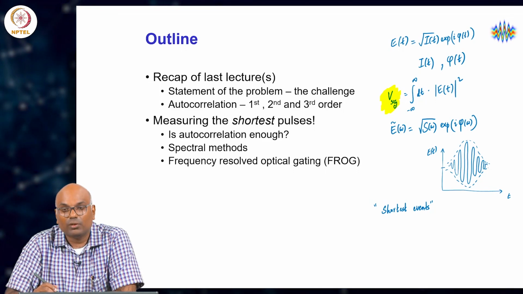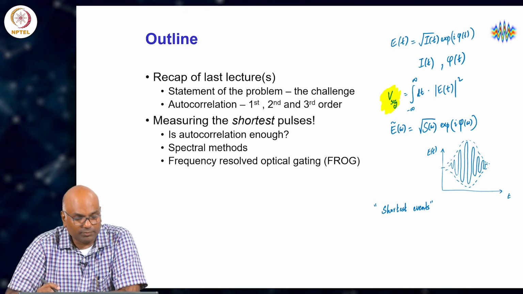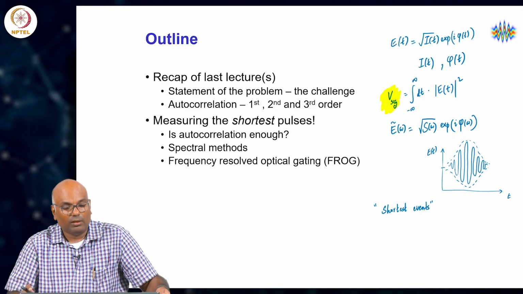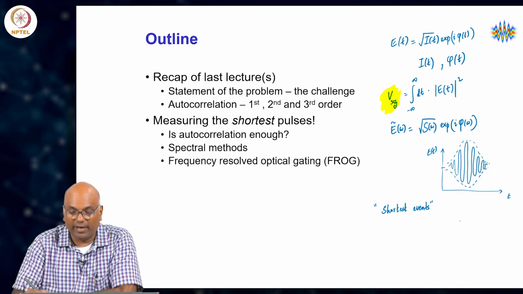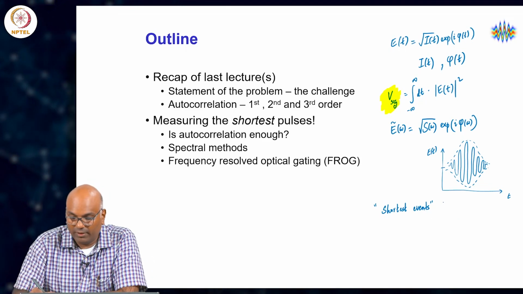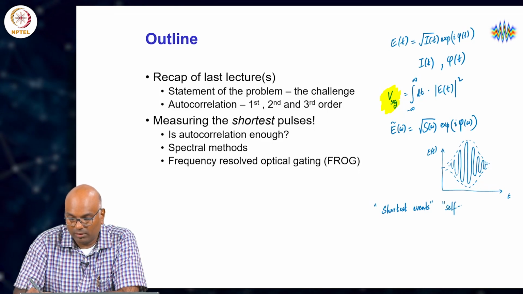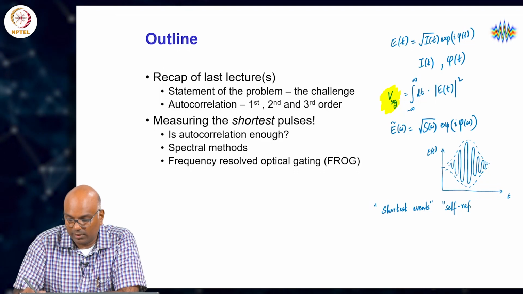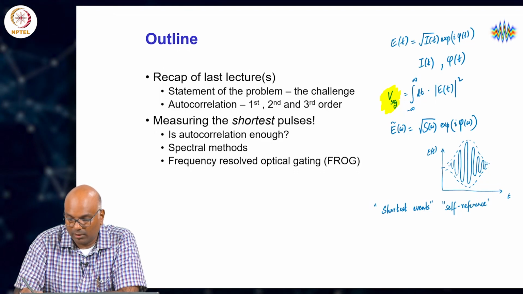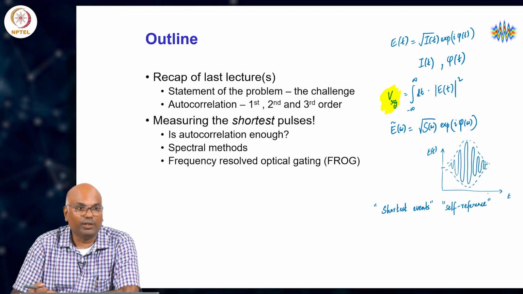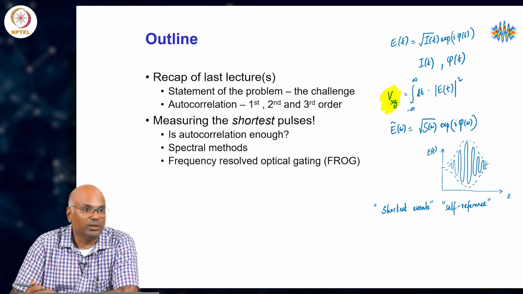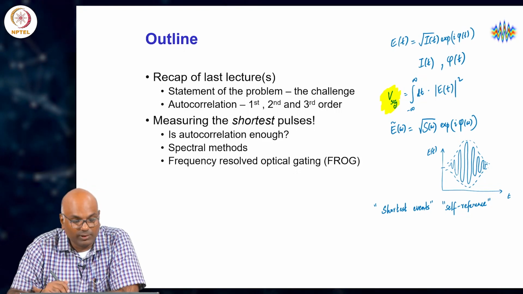Okay. So, essentially this leads us to the fact, as we saw, that we need to exploit self reference techniques to do this in the absence of any cross referencing and standards that are possible.